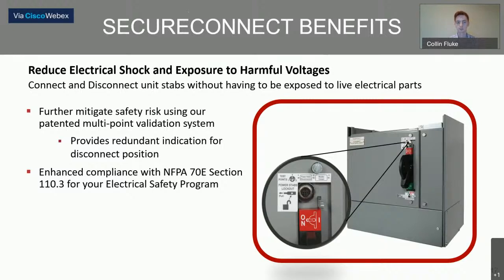This whole feature of Secure Connect can be operated with a T-handle wrench, a ratchet wrench, or even a remote motor. So there's a little motor module you can mount on the door, and you can stand 20 feet away and press a button, and it will activate the Secure Connect, turn it via the motor, and then completely isolate that unit with the operator standing at a clear distance.